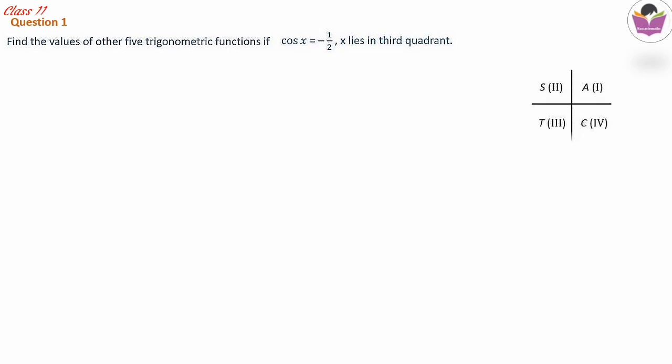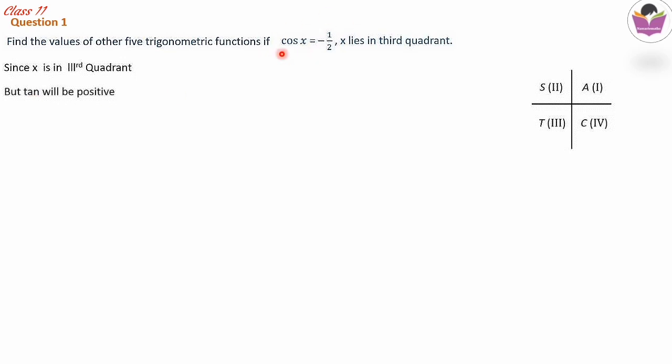Let's recall the sign convention. Add sugar to coffee: in the first quadrant all are positive, in the second quadrant sine and cosec are positive, in the third quadrant tan and cot are positive, and in the fourth quadrant cos and sec are positive. Since x lies in the third quadrant, only tan and cot will be positive, which means sine and cos are negative.